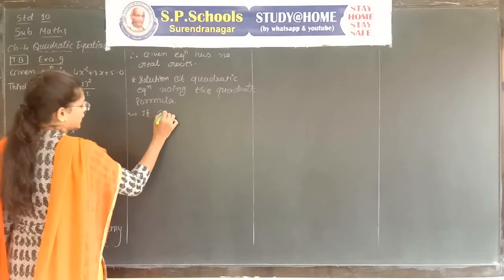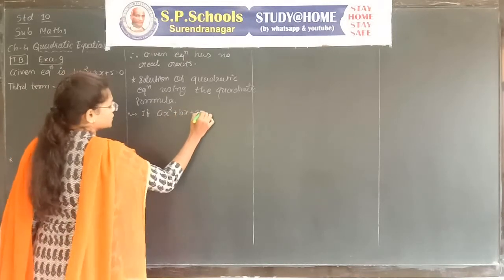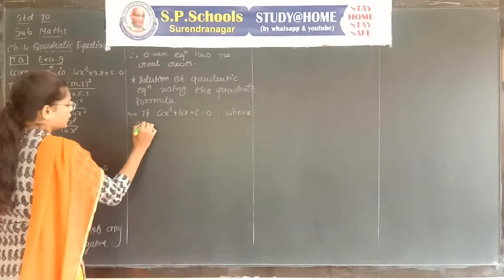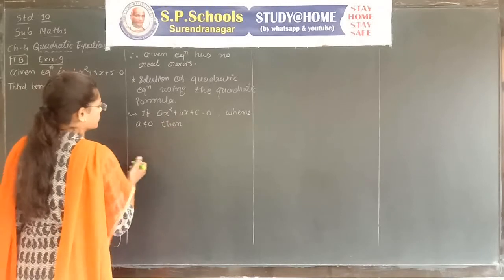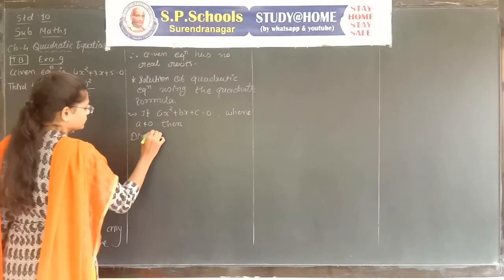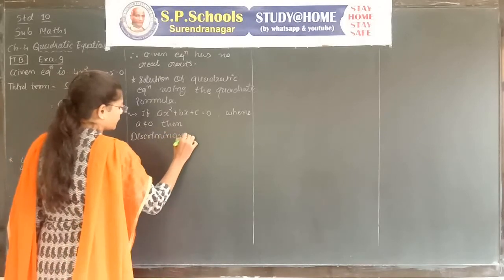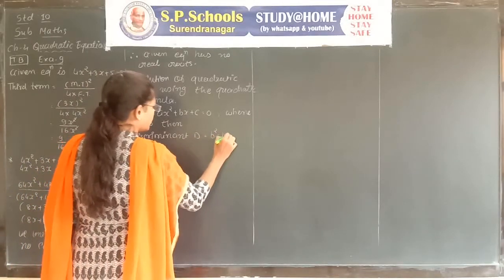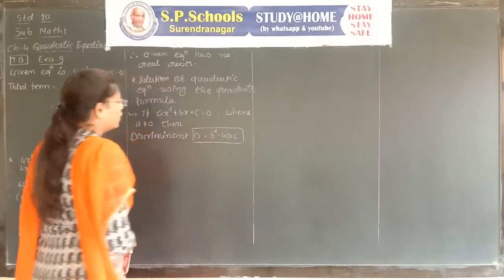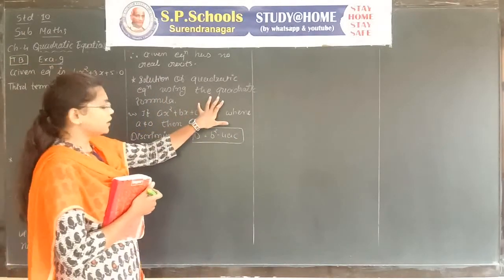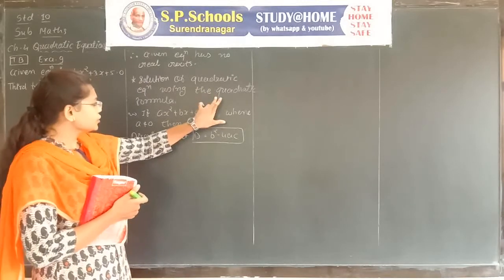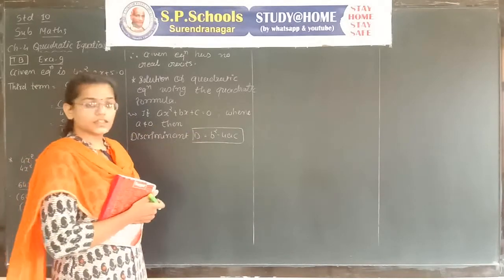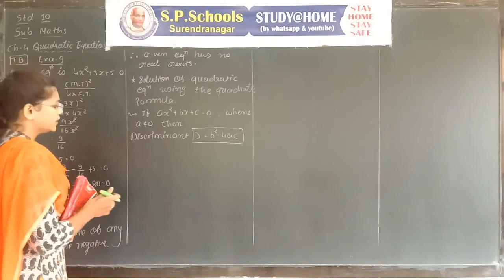If ax² + bx + c = 0, where a is not equal to 0, then the discriminant, which is called D, is equal to b² − 4ac. Before applying the formula, first of all we would like to find the discriminant of the given equation. Then we apply the quadratic formula.